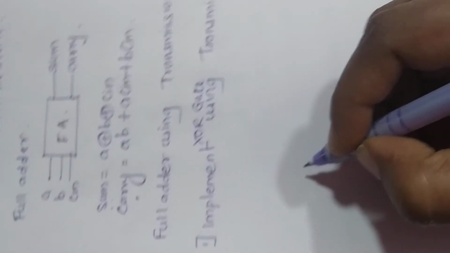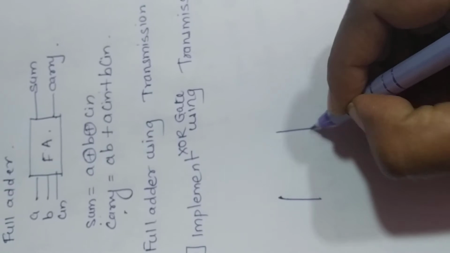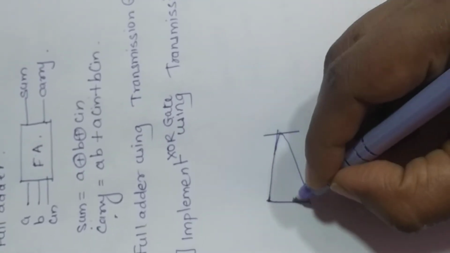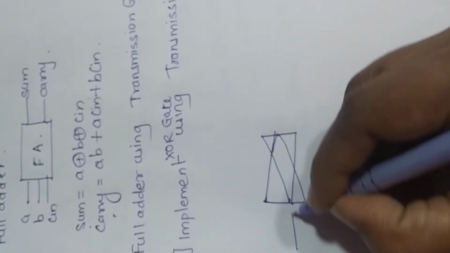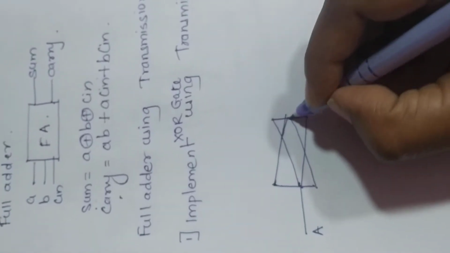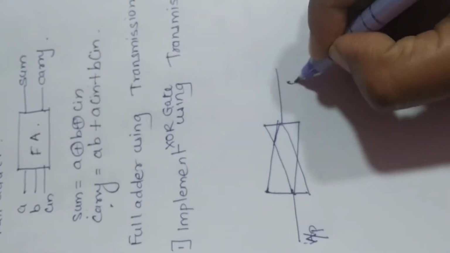So I will draw one diagram. See over here, this is just a symbol of transmission gate. All of you know this: this is the input and this is the output.